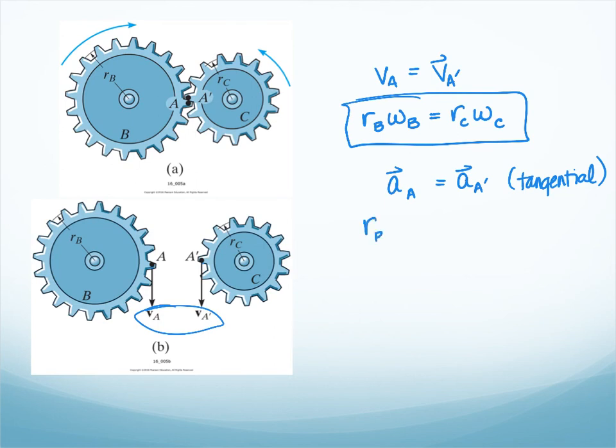That means that r sub b times alpha sub b is going to be equal to r sub c times alpha sub c. And so these are two relationships we can use for gears. A lot of this right now is just background information that you can then apply to some more realistic problems. And that is it for the first part of chapter 16.